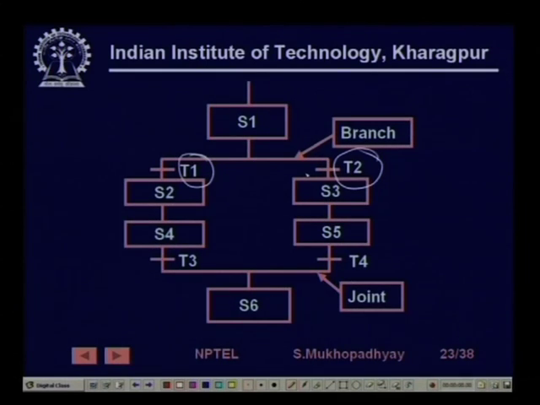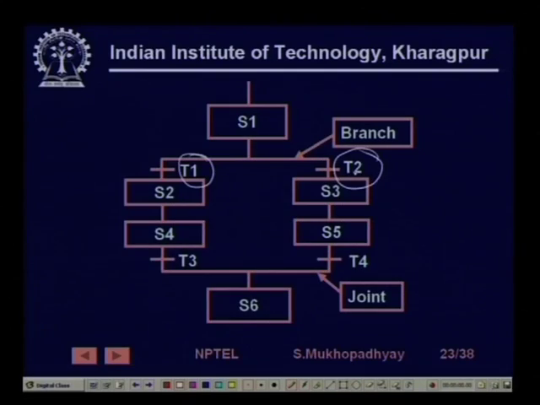It could also happen that in a given scan, T1 and T2 both become true. In that case you have to resolve it, because both transitions cannot take place simultaneously. There is a convention that the leftmost transition takes place, so T1 is assumed to have taken place.